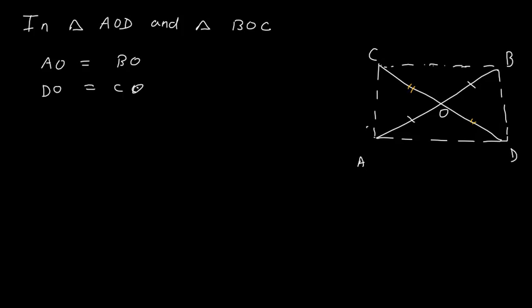Now I will take triangle AOD and triangle BOC. In AOD and BOC, you have AO is equal to BO, you have DO is equal to CO. The reason you will say that AB and CD bisect.